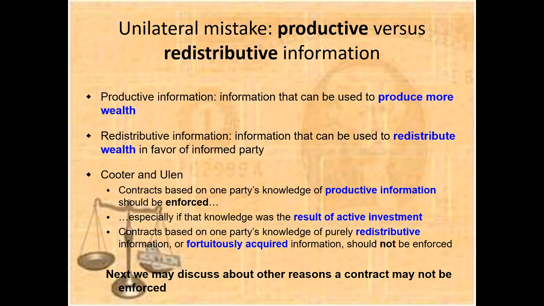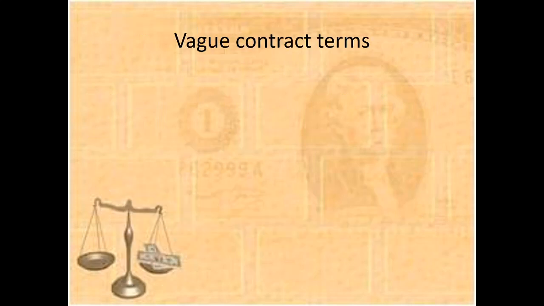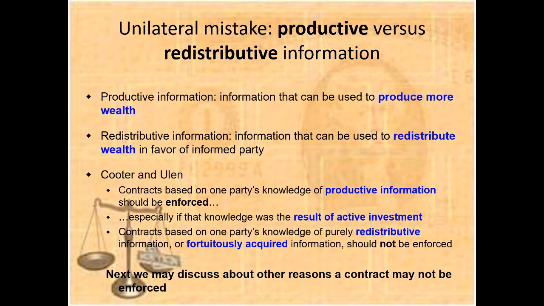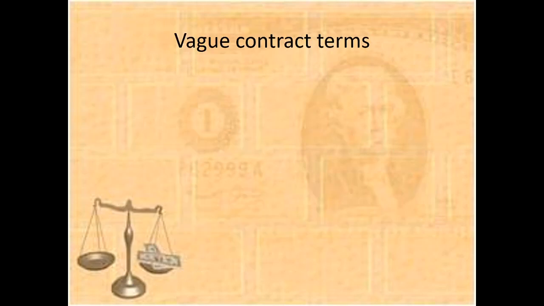And next we may discuss other reasons a contract may not be enforced. Under such circumstances, with productive as well as redistributive information, the court itself needs to be very careful to deal with such matters.